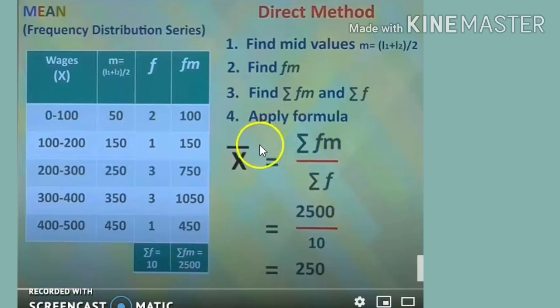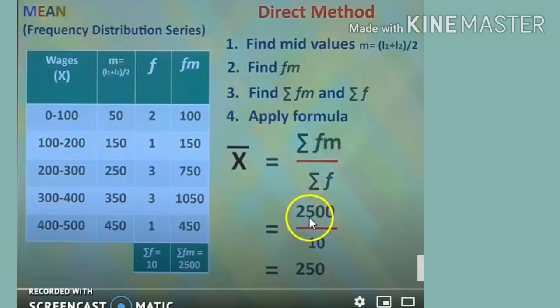It's the same. You can just study a single formula for both, that is discrete series and continuous series. You may have the same formulas, so instead of m you can just write x also. So the same formula you can use, that is sigma fx by sigma f or sigma fm by sigma f, both are the same.